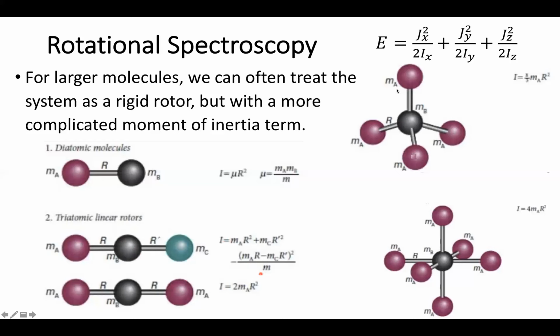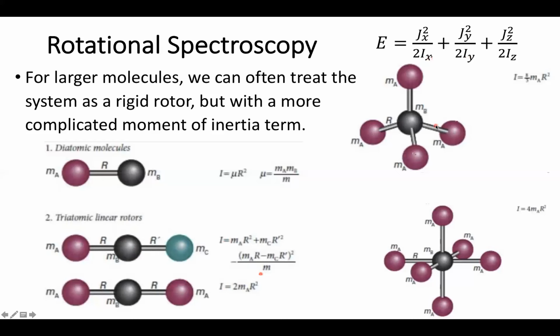However, for spherical systems, we run into a slight complication because they can rotate in all three dimensions. But what makes spherical systems so wonderful and unique is that the moment of inertia is going to be equal for all three inertias. So Ix equals Iy equals Iz.